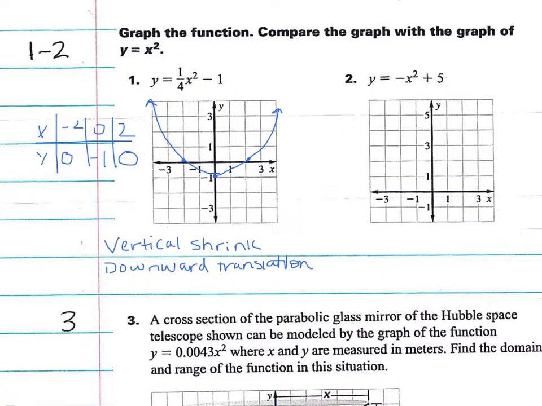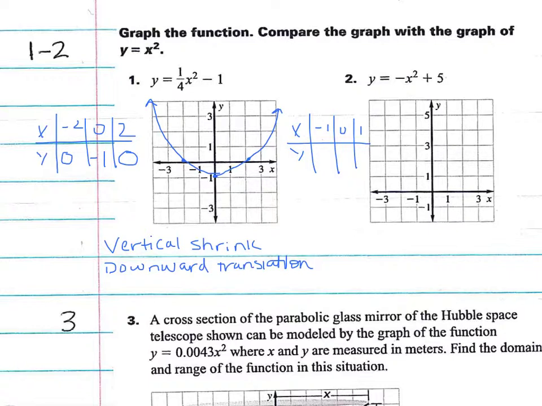For number 2, I'm going to draw this a little bit sideways, or I can draw it over here. We have our x and our y. Okay. For this one, I'm going to pick -1, 0, and 1. And again, you can graph this in your graphing calculator. -1 squared is 1, but because of the negative in front of the x, it's still a -1.